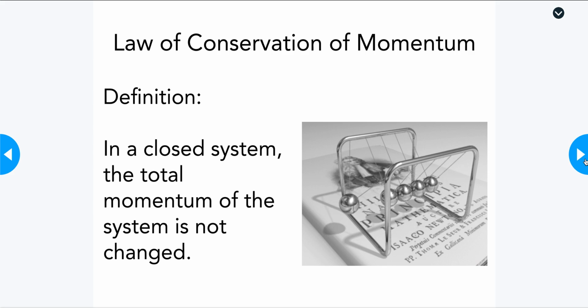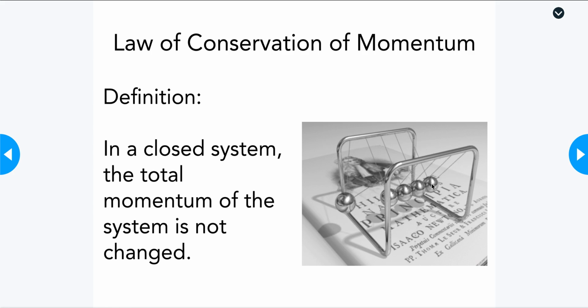And so this is where every action has an equal opposite reaction, because the momentum is conserved between the two objects. So look here at a Newton's cradle, and you see when one ball hits, the other ball moves at the same velocity as the first ball, in the same direction, and goes around.